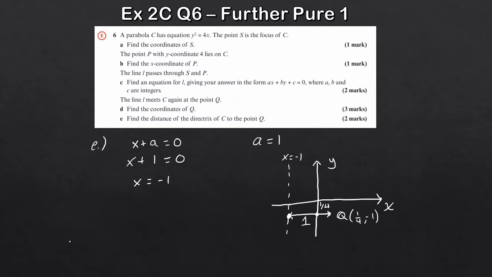So the total distance is just 1 plus a quarter, which is the same as 4 over 4 plus 1 over 4, which gives us 5 over 4. So in the end, that gives us our final answer. The distance from the directrix of C to the point Q is 5 over 4. And that gives us the full solution to that question.